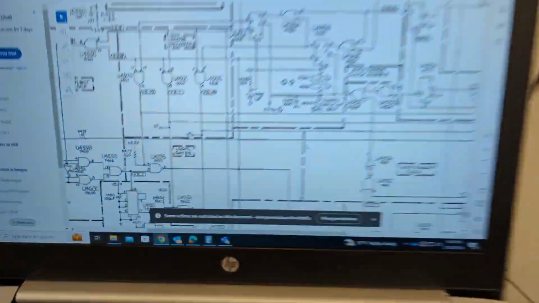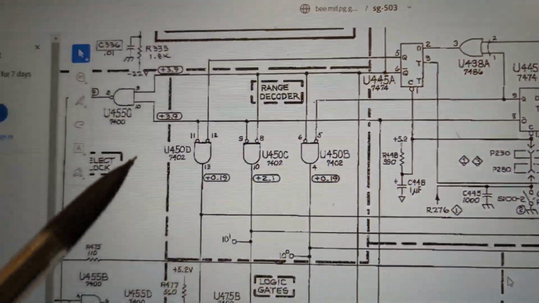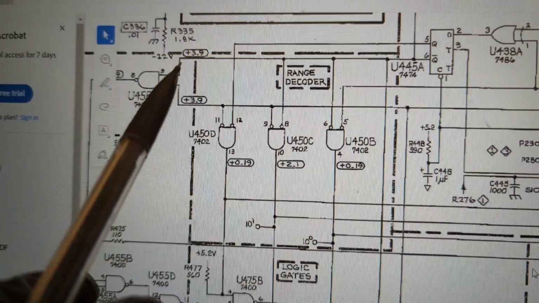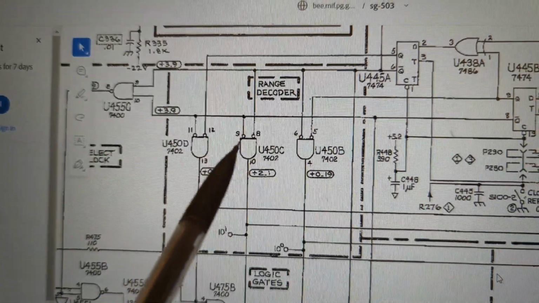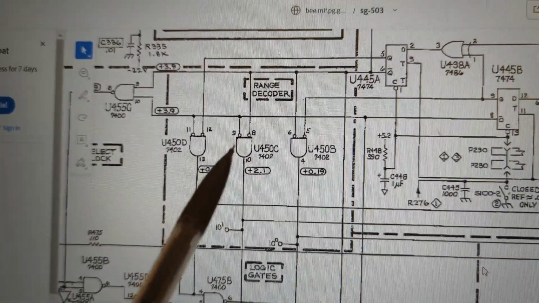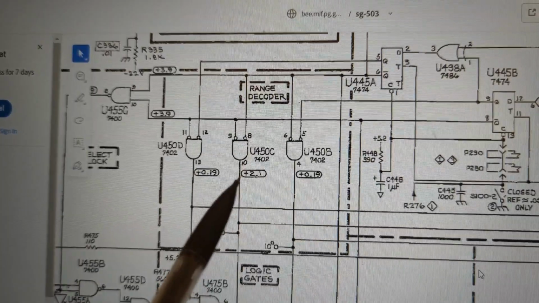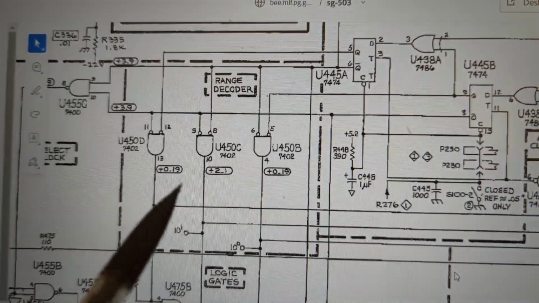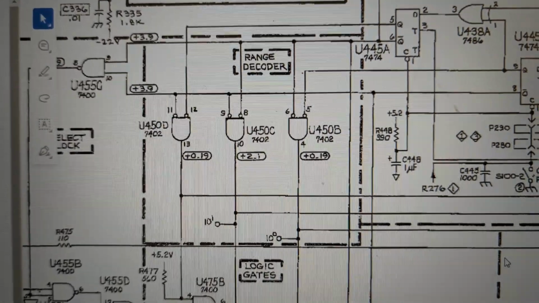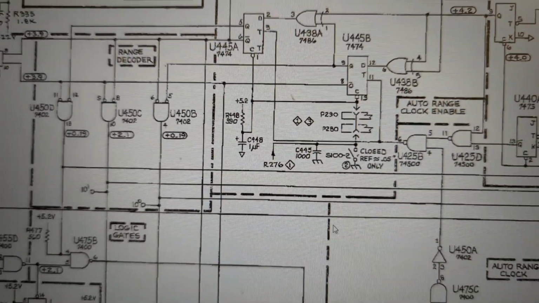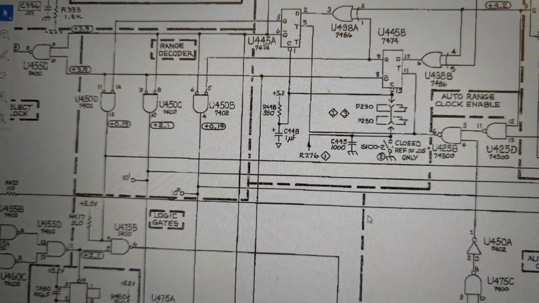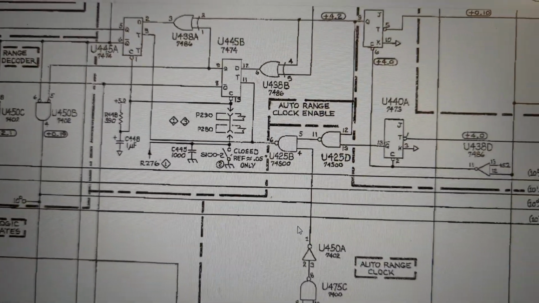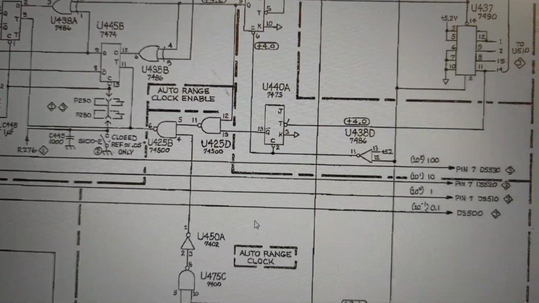It's interesting because here they've got 3.9 volts, 3.9 volts, so that's the input that 8 and 9 connect to. So this would be low. But they've got 2.1 volts here, so I don't know if that's an issue with the schematic. Maybe I'm missing something here.